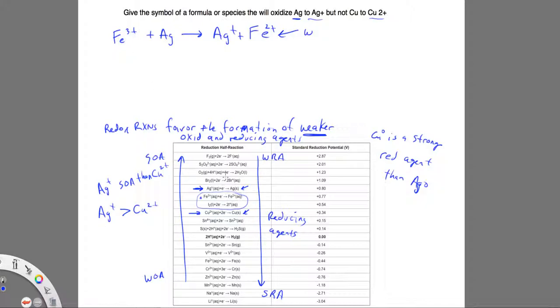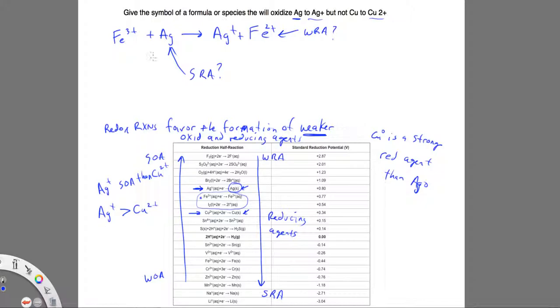That would be a weaker reducing agent. Then what's my reducing agent over here? Is this the stronger reducing agent? So we need to look and see if that's the case. And the answer is silver metal is a weaker reducing agent than iron 2. So this reaction will not happen.